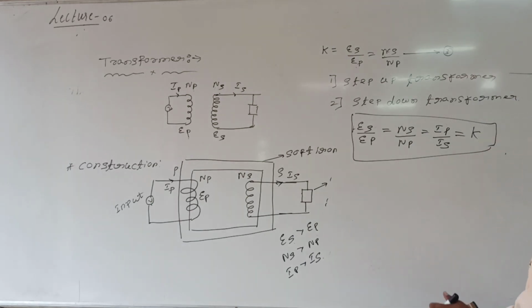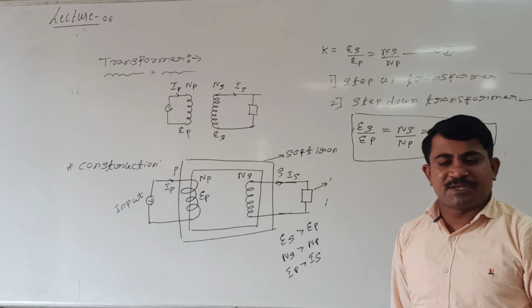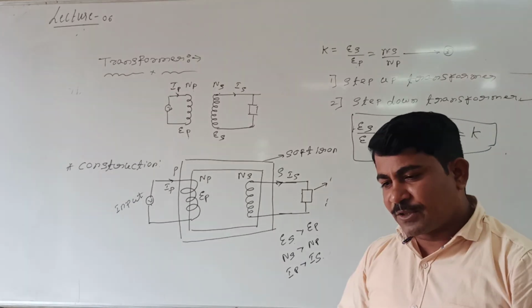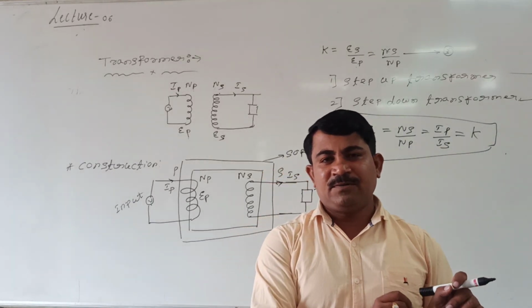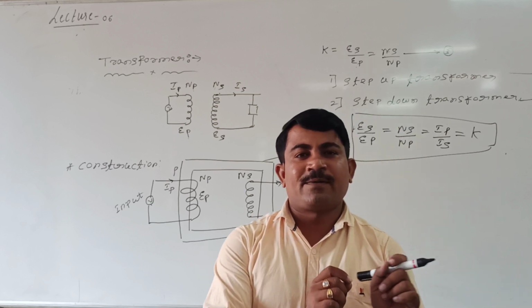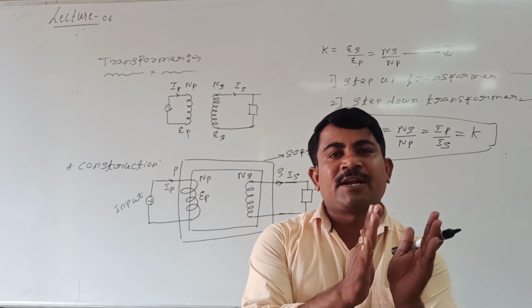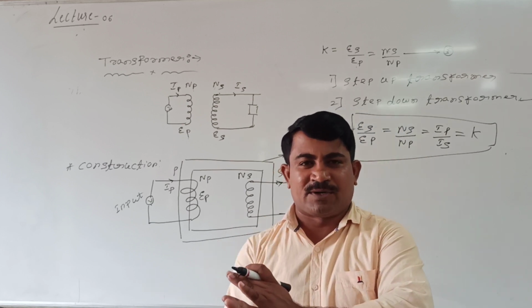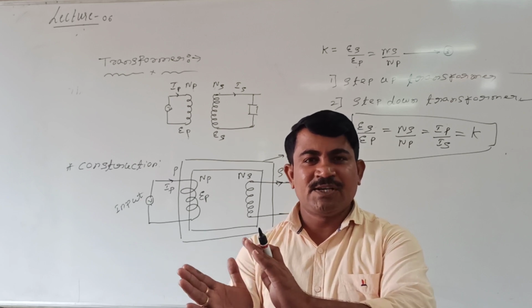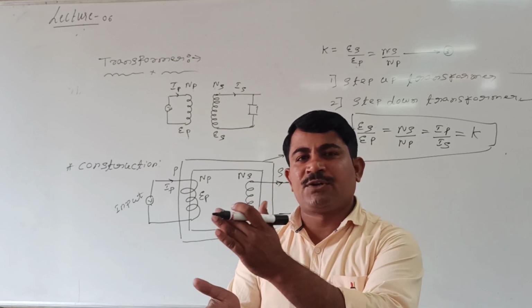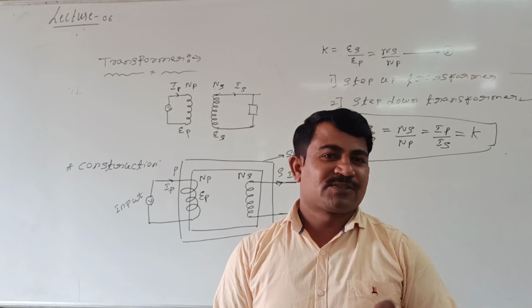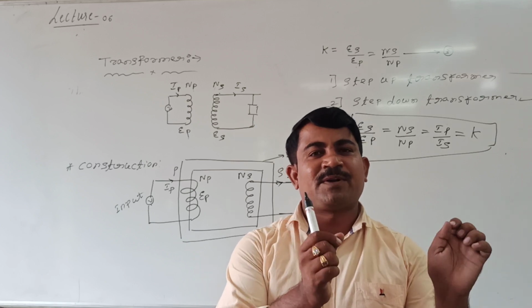Now let us go for the step down transformer. What was the definition of step down? The transformer which converts high alternating voltage into low alternating voltage, such a transformer we call a step down transformer.